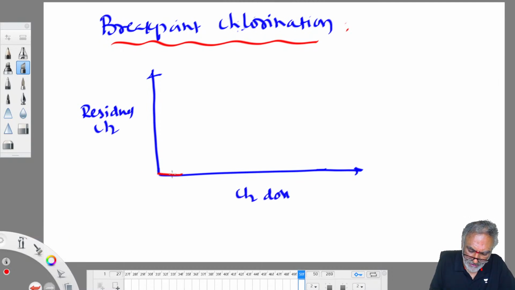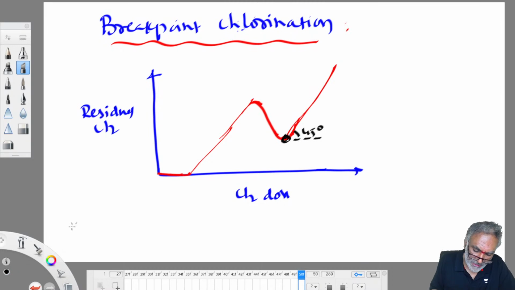We conduct the test, then you can find out the break point. The point from which the curve rises at 45 degrees is called the break point. From here it rises at 45 degrees. The dose corresponding to the break point is called the chlorine dose at break point.